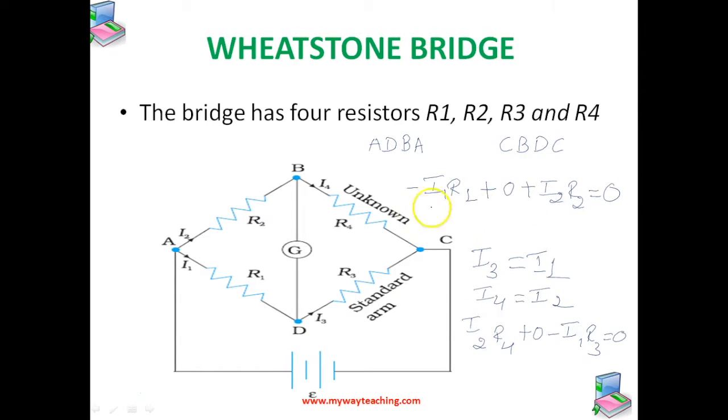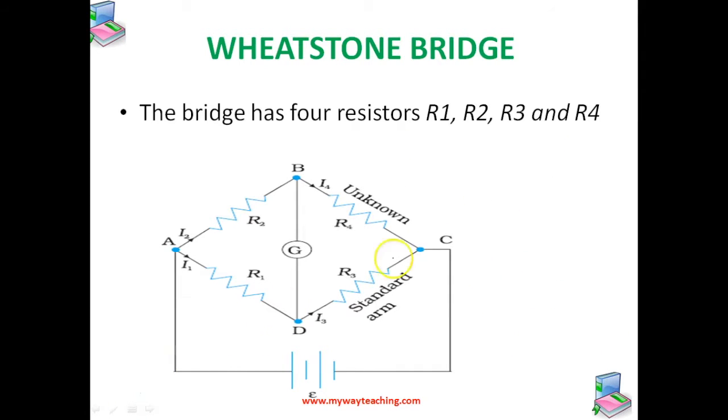From the first equation, we get I1 R1 is equal to I2 R2. So we can write I1 by I2 is equal to R2 by R1. Then from the second equation, we got I1 by I2 is equal to R4 by R3.